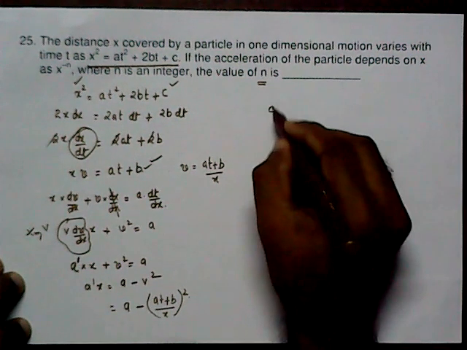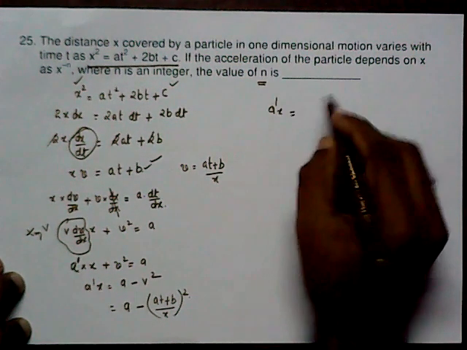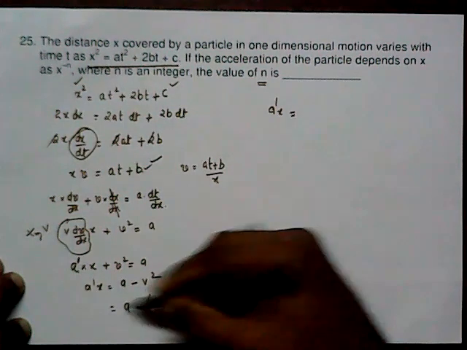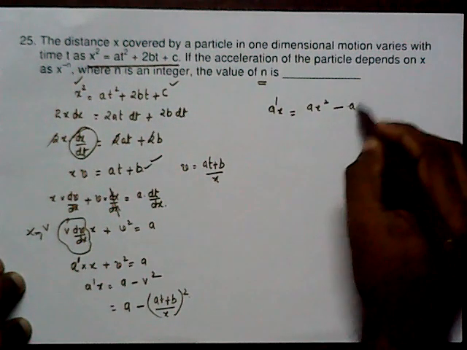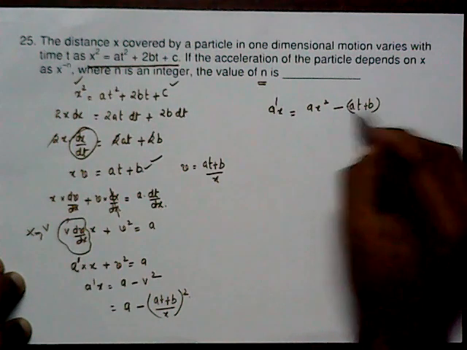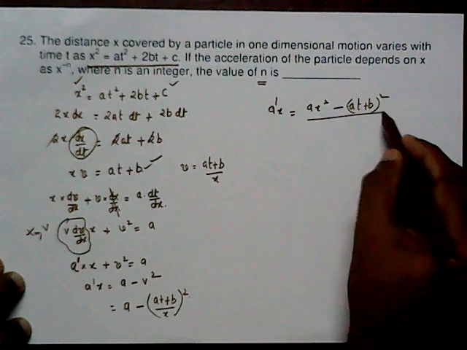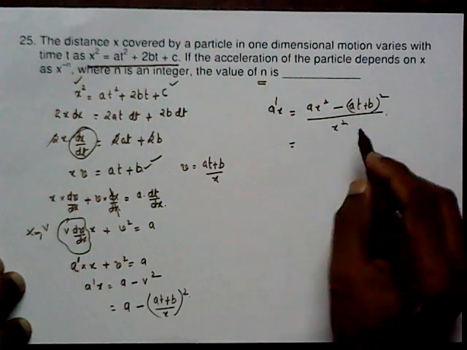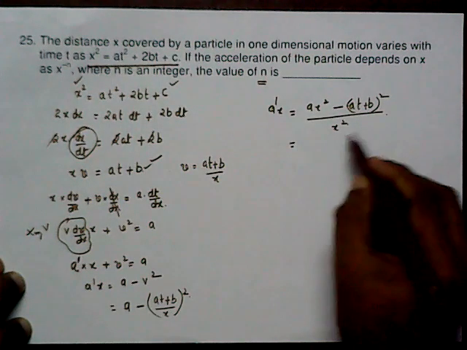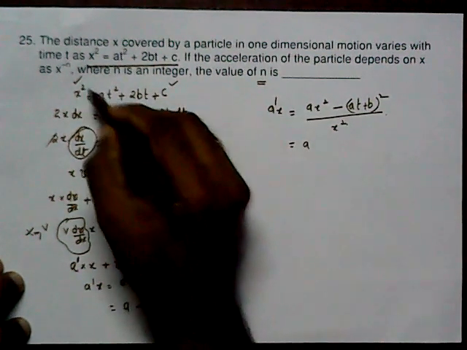So a dash x takes the value equal to a x square minus at plus b the whole square, divided by x square. So a dash x is equal to a into, what is the value of x square?